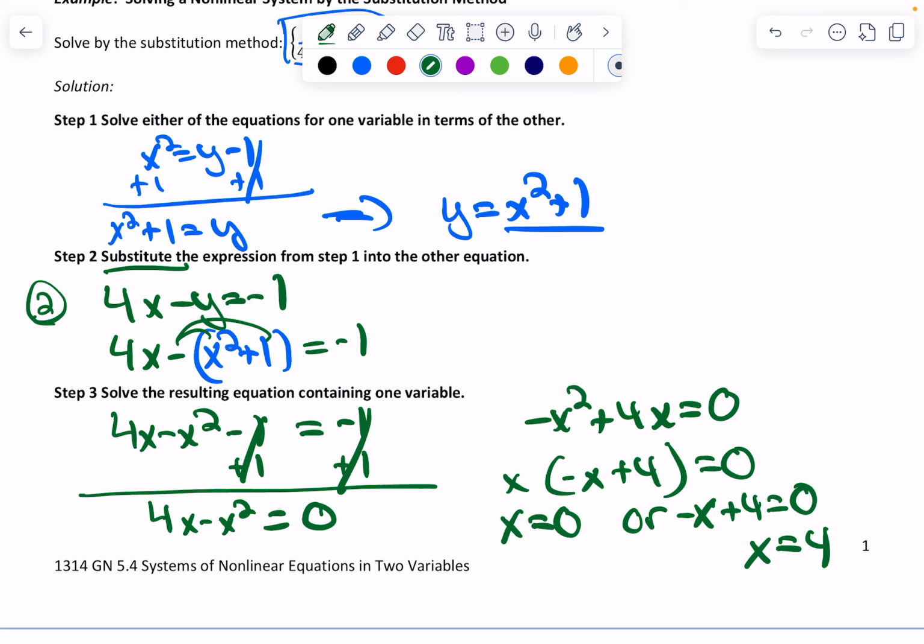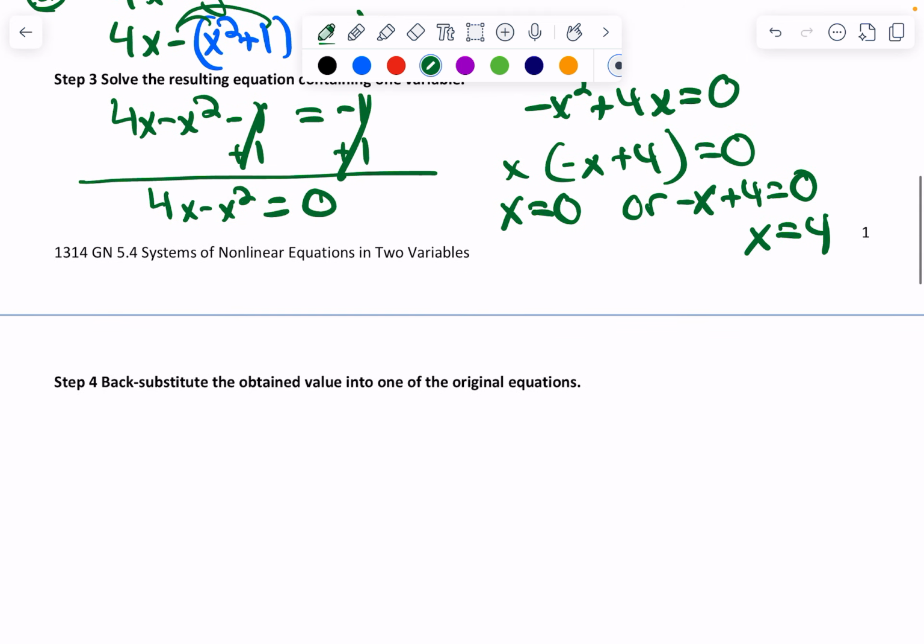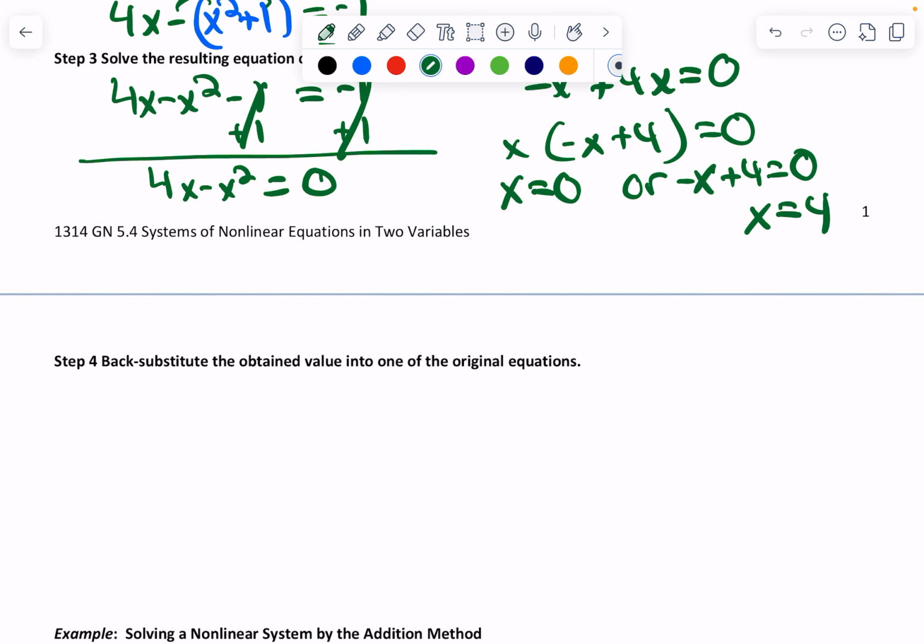Next, step number 4 is back substitute the obtained value into one of the original equations. And now notice that we've got 2. So we have x equals 0 and we have x equals 4 into the original equation.